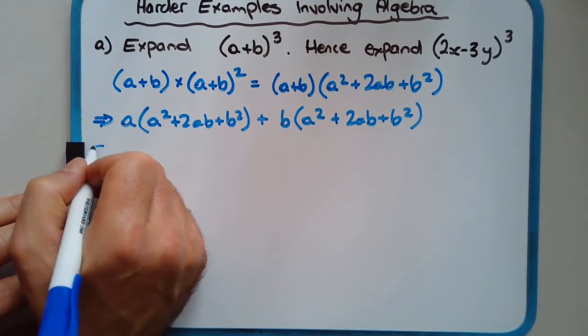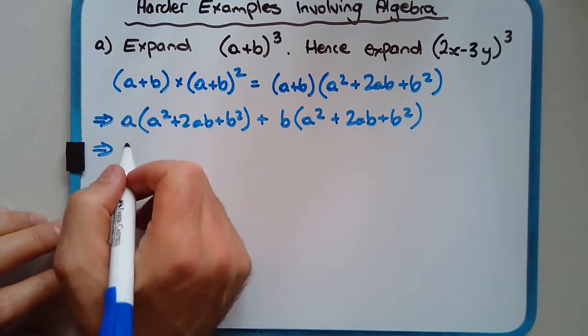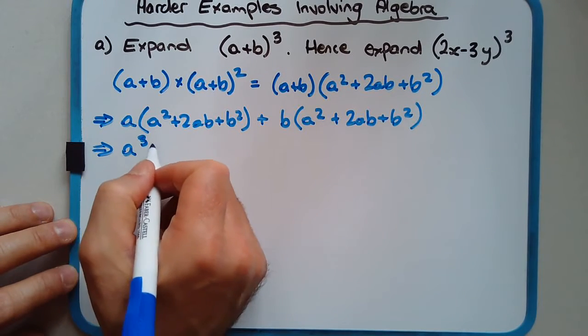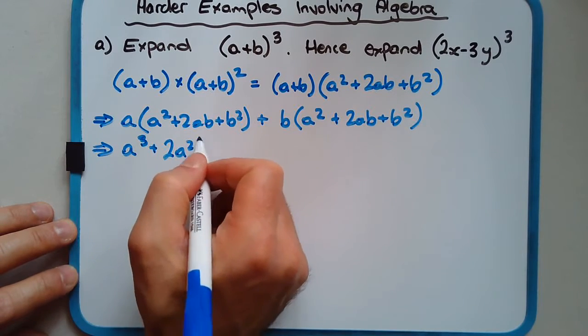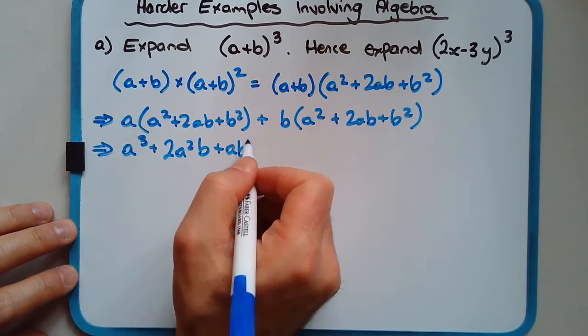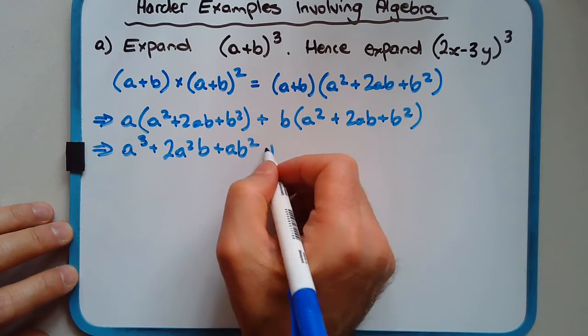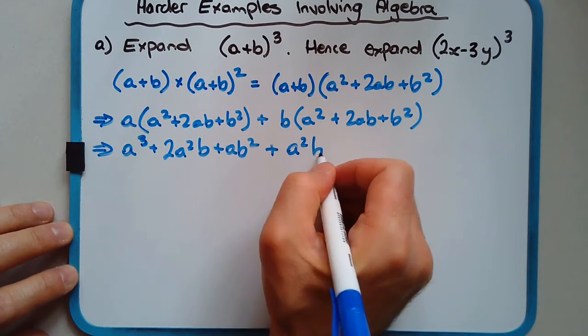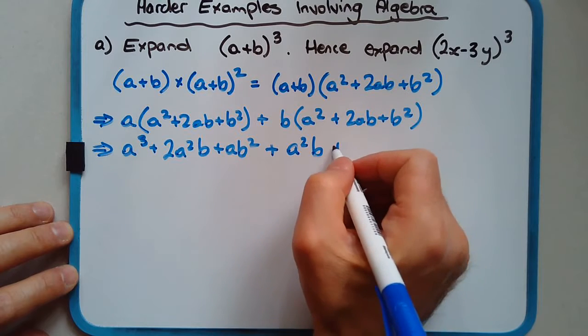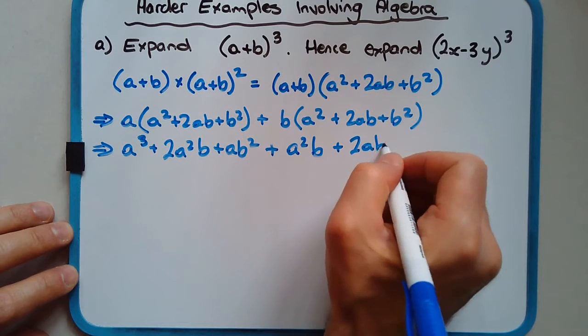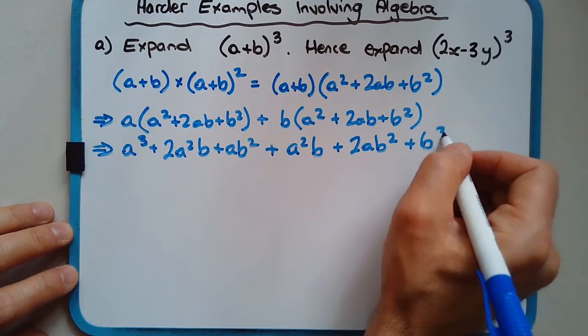Moving on to the next line, we have a cubed plus 2a squared b plus ab squared plus a squared b plus 2ab squared plus b cubed.